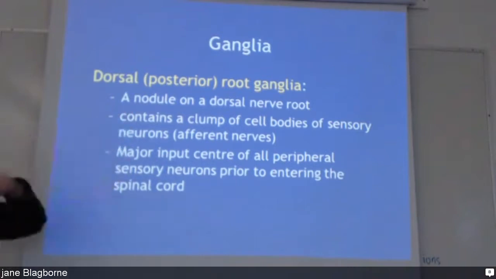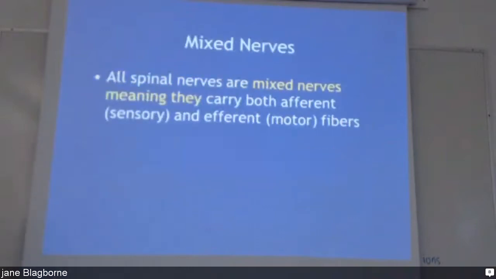Again with the afferent and efferent. Just to add more confusion, all spinal nerves are mixed nerves, meaning they carry both afferent and efferent motor fibers. So they carry information in and they carry information out.